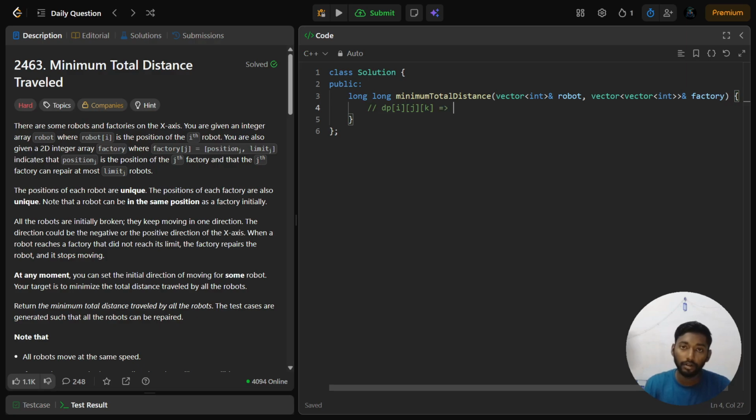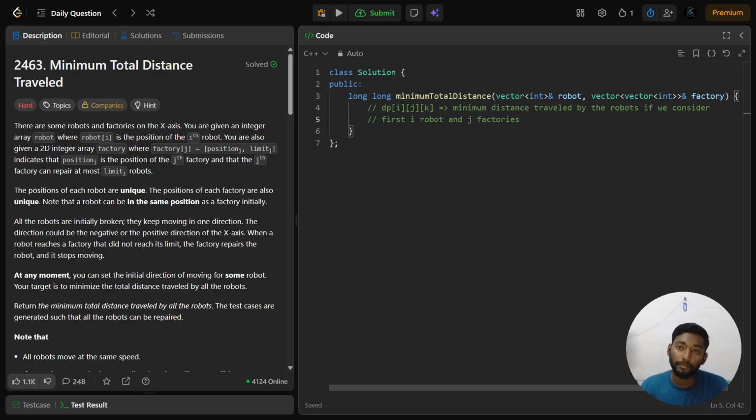So what is the definition of this? dp of i, j, k is basically the minimum distance traveled by the robots if we consider the first i robots and j factories, after we sort robots and factories on the basis of their coordinates.